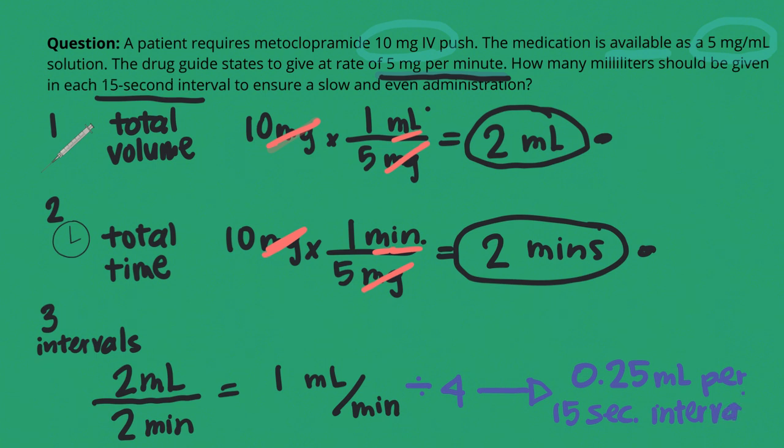Again, lots of steps, but if you can break it down into these 3, hopefully you can get a simple process that allows you to reliably find the right answer. And in this case, that is 0.25 milliliters to be given every 15 seconds for 2 minutes, and that will give your medication slowly over the course of 2 total minutes.